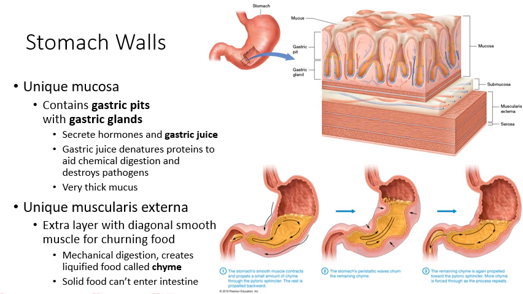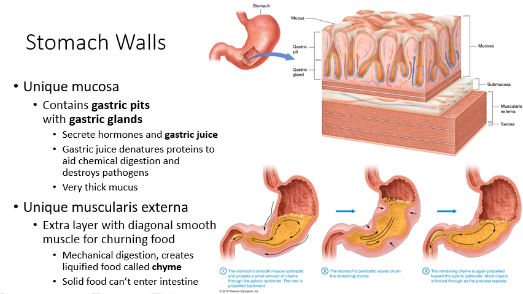The muscularis externa is also unusual in the stomach because it has an extra layer. So always the muscularis externa will have one layer with fibers running circularly around the GI tract and another layer with fibers running longitudinally along the length of the GI tract.